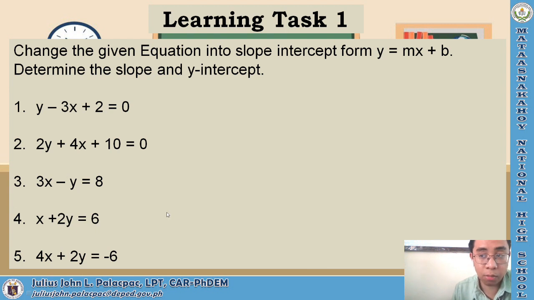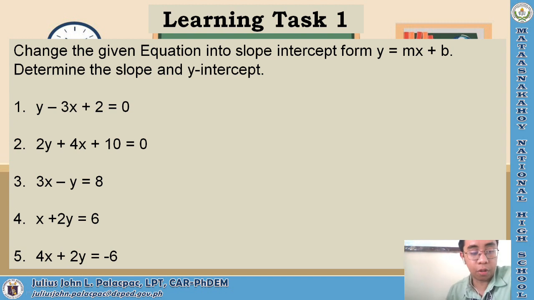So 1/2 times 6: 6 times 1, 6 divided by 2, is 3. So the answer is y is equal to negative 1/2 x plus 3. So our slope is negative 1/2 and our y-intercept is 3.